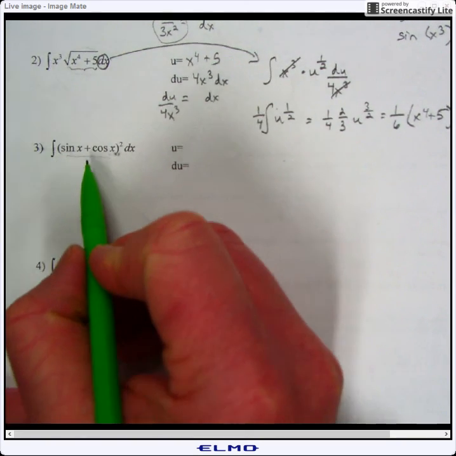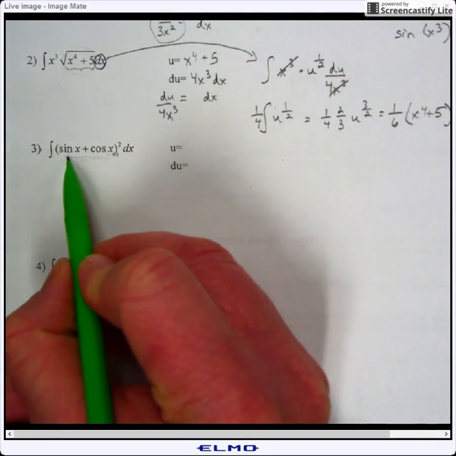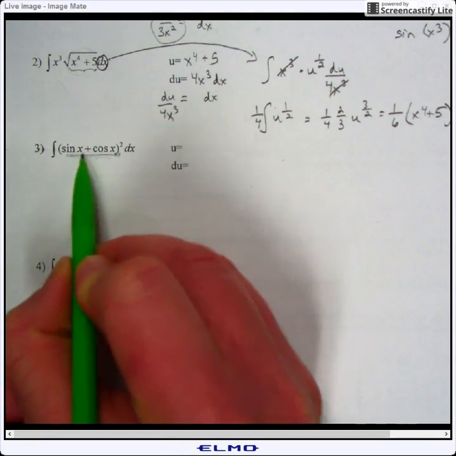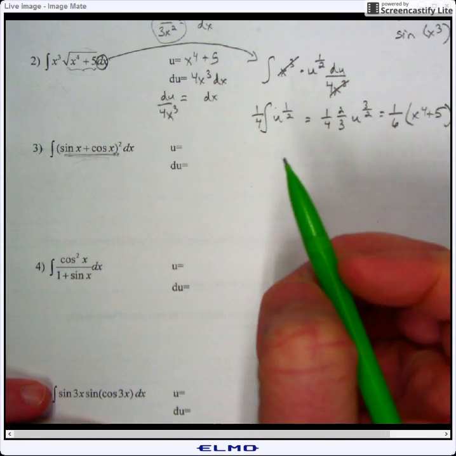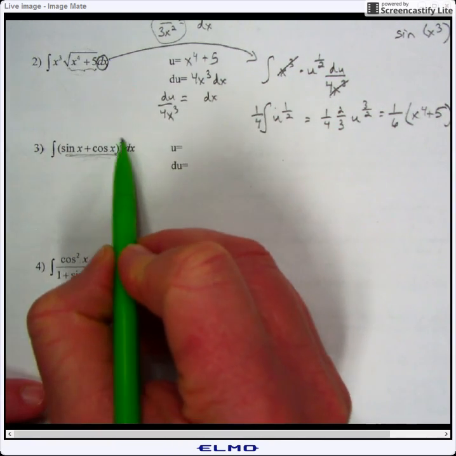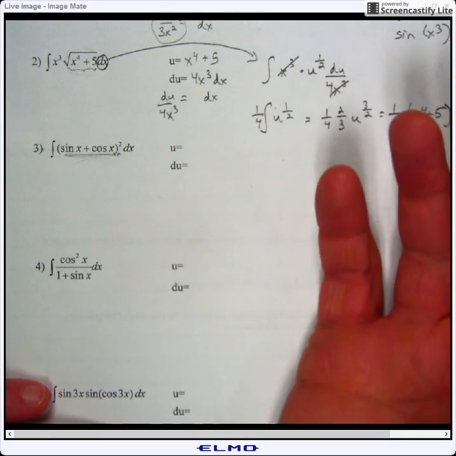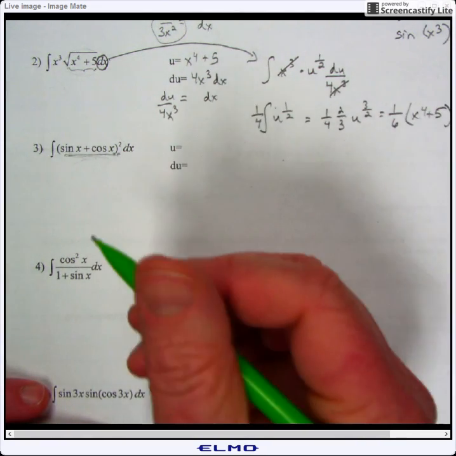Okay, again, I have a quantity here. So I'm always going to try to let a quantity be my u and see if that helps me with anything. Or I can look at this whole thing and say, is that going to help me find anything?